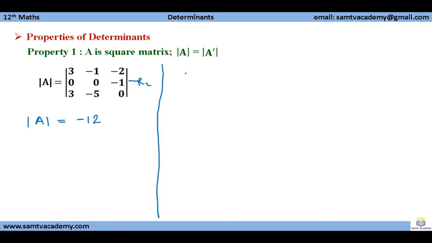If we make another determinant B by interchanging, what do we have to take? We have to take its transpose. So B is A transpose.